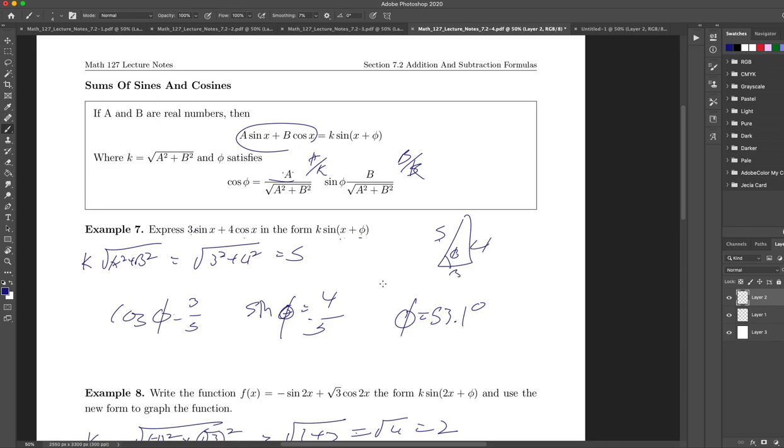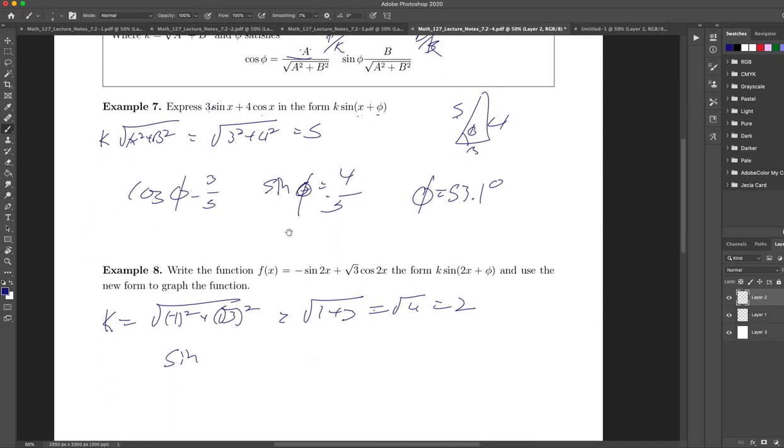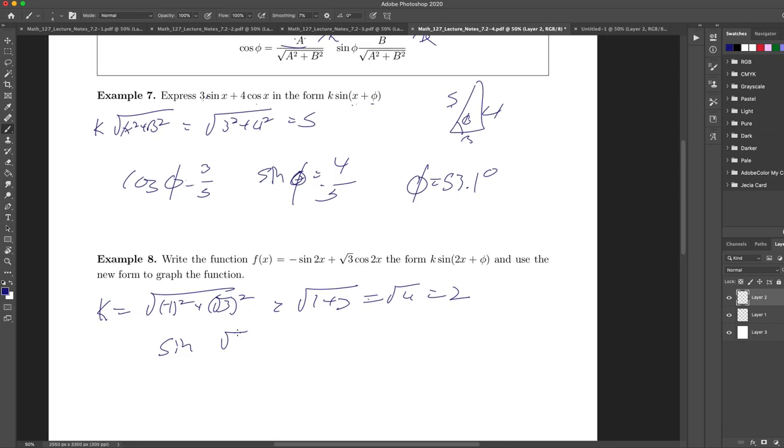Oh boy. I did not make a boo-boo. So notice you switch ones, so here it's negative, so here will be square root 3. Sine of phi equals square root 3 over 2, and cosine of phi equals -1 over 2. So this tells me cosine is negative, sine is positive, so that tells me I'm in quadrant 2.